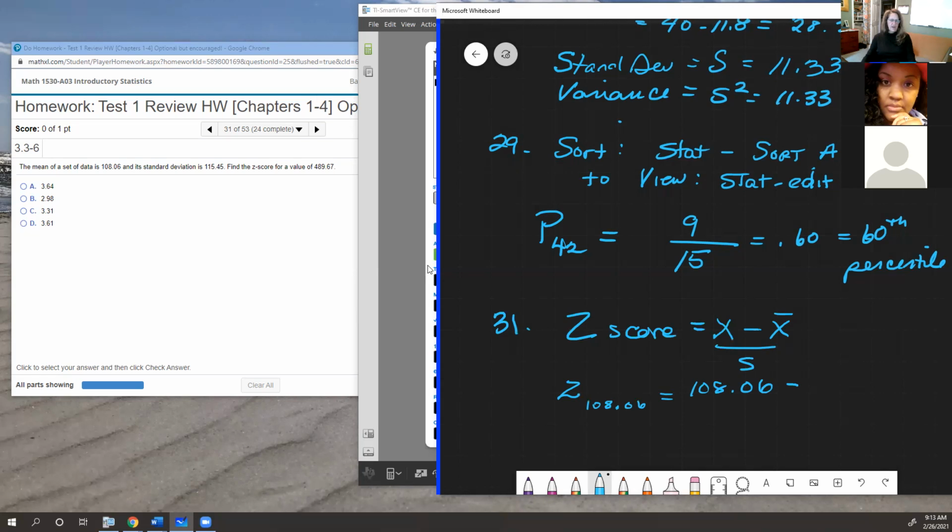Oh, no, never mind. That's not it. What's the score that they're asking? The score is 489.67. So 489.67 minus the mean, which they give us, is 108.06, and then divide that by 115.45.